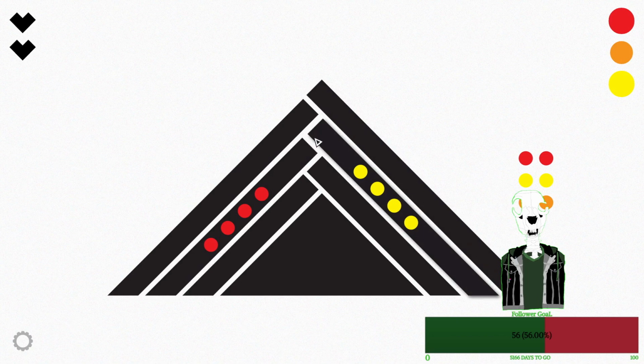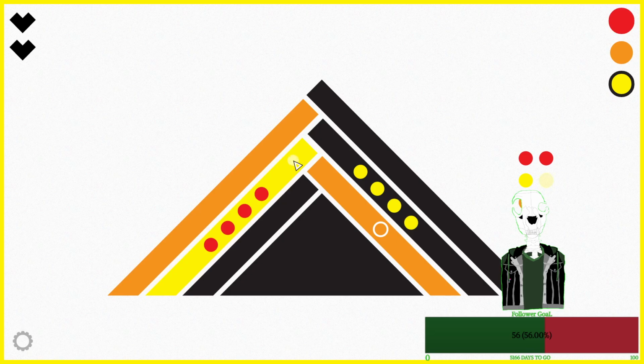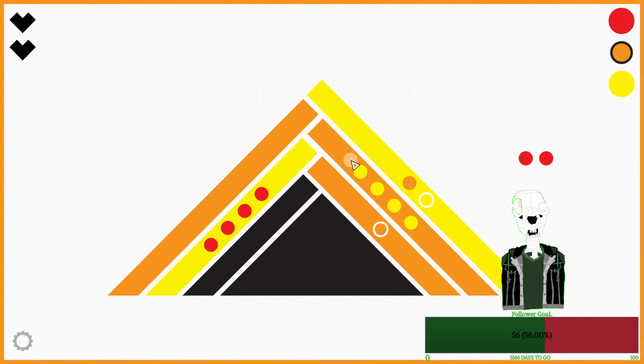We know the ones that they both touch are orange, like this one and this one. Okay, so this is yellow. I'm assuming this is yellow. That tells us this is orange, which means we know where the rest goes.